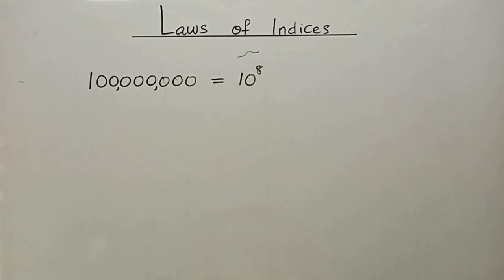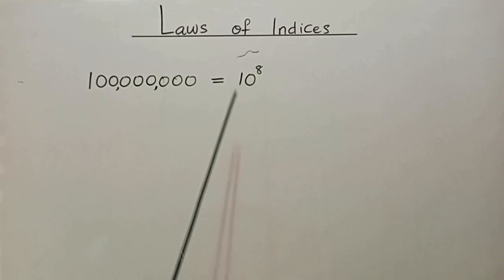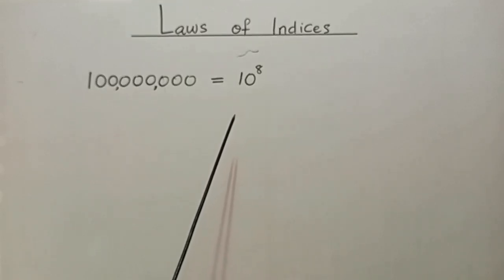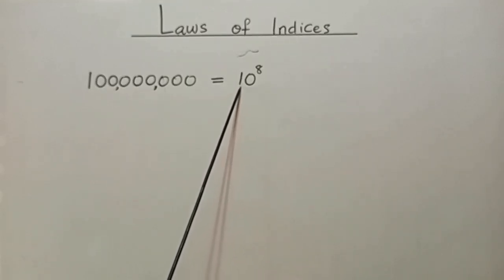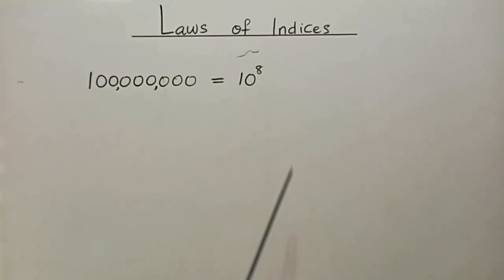Now, with this, what will you think is the reason why indices were invented? Surely, you can discern from here that this 10 to the power 8 takes less space, it takes less energy, and it takes less time to write.